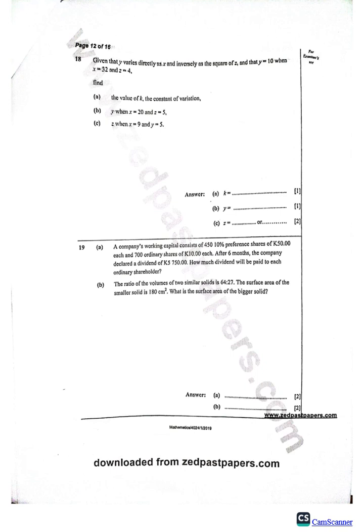The first letter is y. This y is varying directly with x, and inversely as the square of z. So z will carry a power 2. The language of square simply means it has to be raised to a power 2.